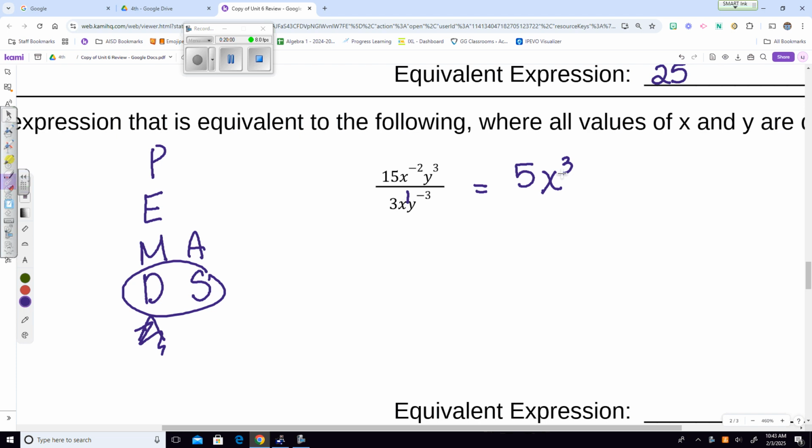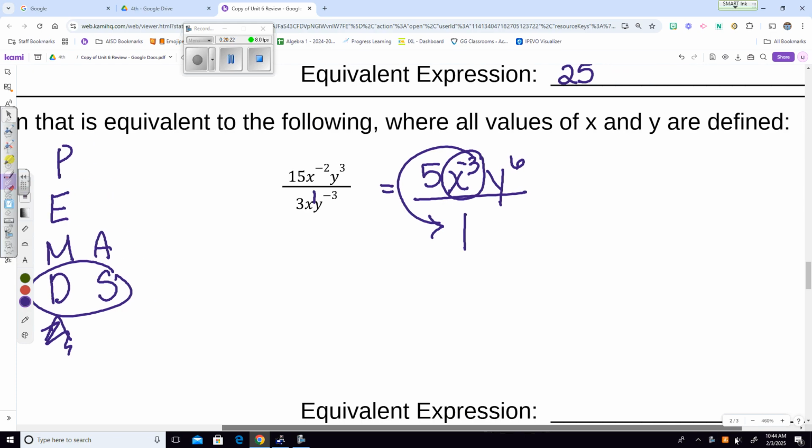Do you have y's on top and on bottom? So go ahead and subtract them. What's 3 minus negative 3? 6. All right. Are we finished? No. What do we need to do? Good. The x to the negative 3 has to become positive, and we make it positive by switching it to the bottom.